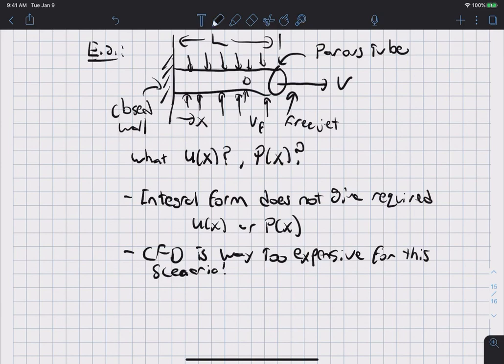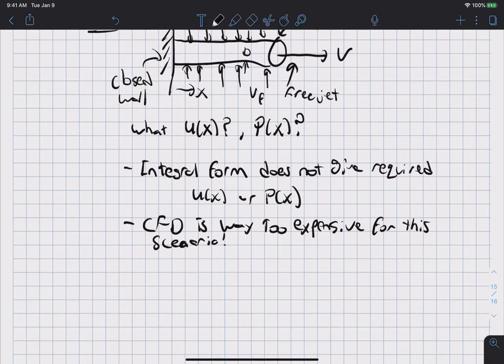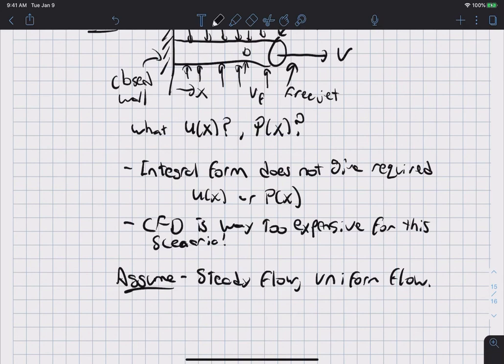Well, first you lay out your assumptions. We're going to assume steady flow and uniform flow. In this case, at each position on x, we are only concerned with the average velocity across the tube at that given position.